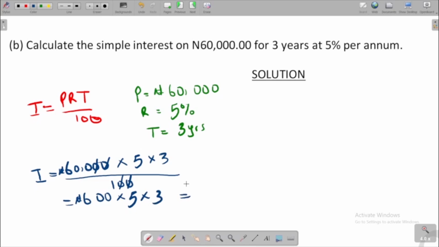If you press your calculator, 600 times 5 times 3, you have the answer to be 9,000. So that's the answer to the second question. That is 1B.